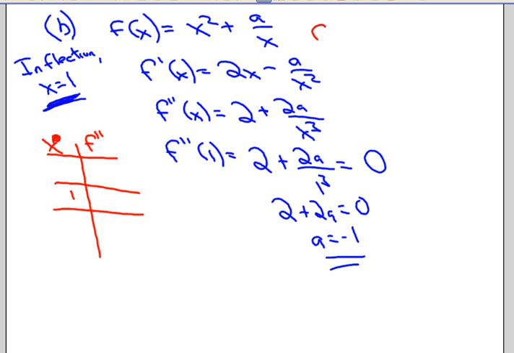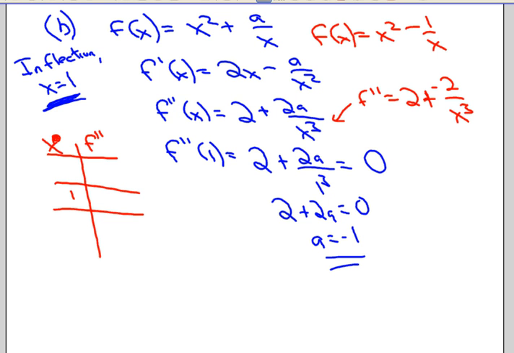So when my function, f of x becomes x squared minus 1 over x, or when my second derivative becomes 2 plus a negative 2 over x cubed. So let's see, does the concavity really change at 1? So let's try before 1, and let's try after 1.